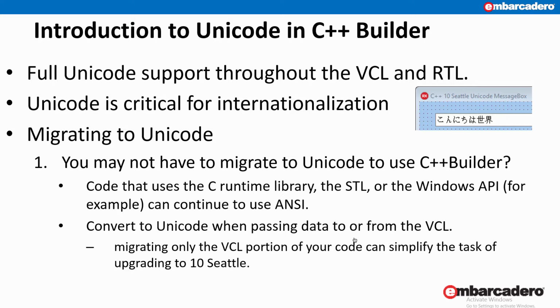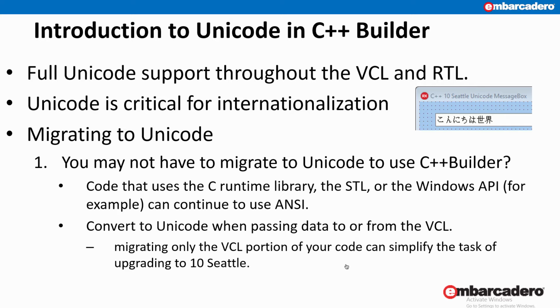Now, a complete migration to Unicode is necessary to gain the full benefits of internationalization, but migrating only the VCL portion of your code can simplify the task of upgrading to 10 Seattle while letting you gain the significant benefits offered in the current 10 Seattle release.